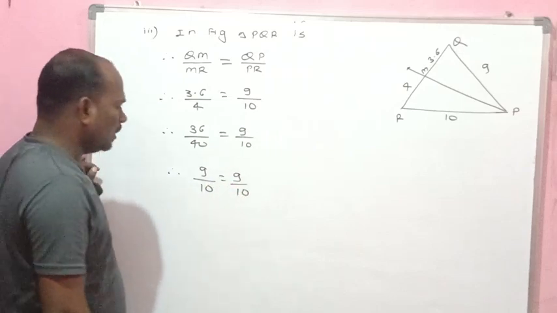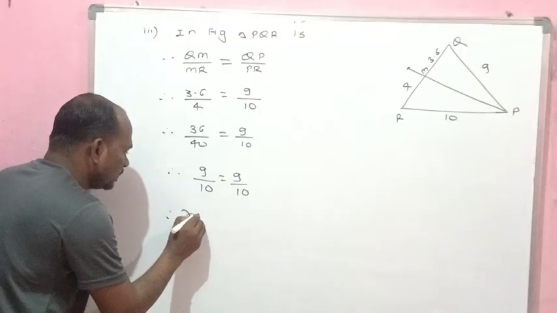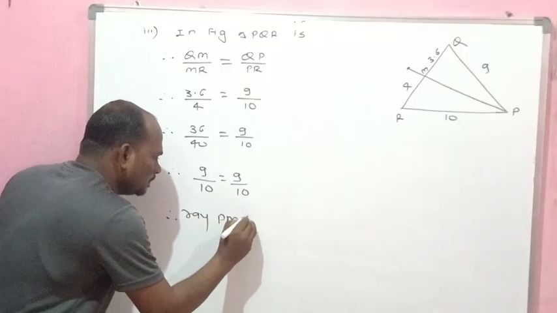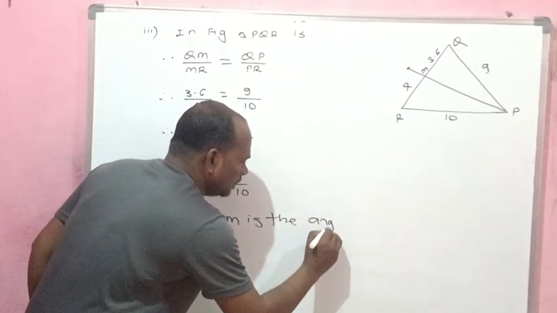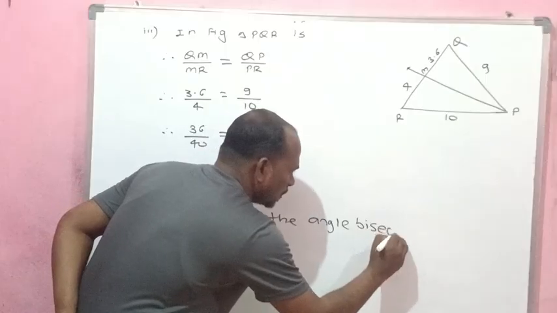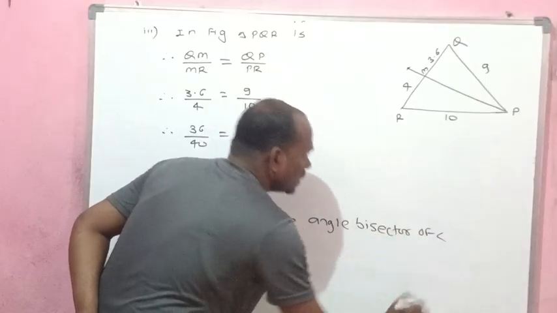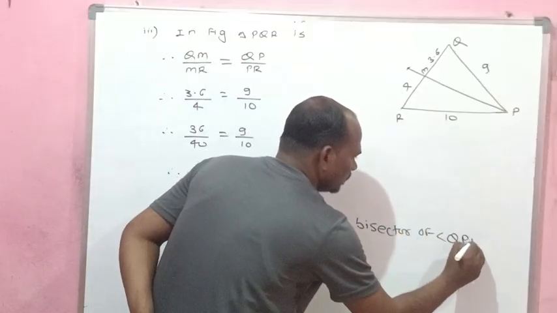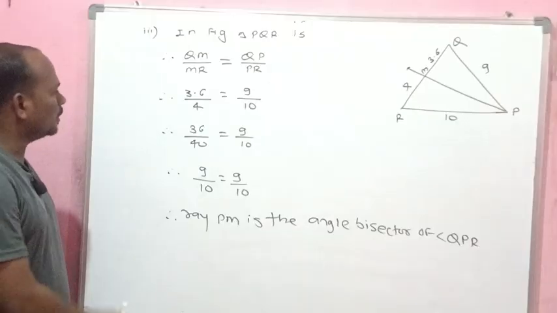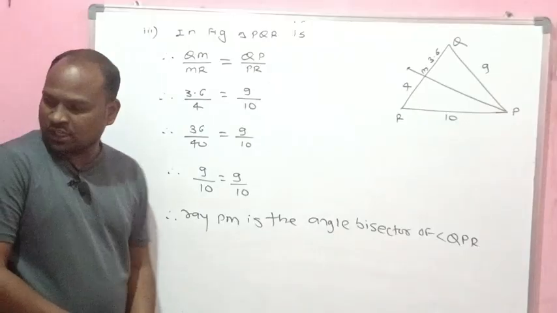Both sides are equal. Then ray PM is the angle bisector of angle that is QPR. Now this is first question and the 3 diagrams.